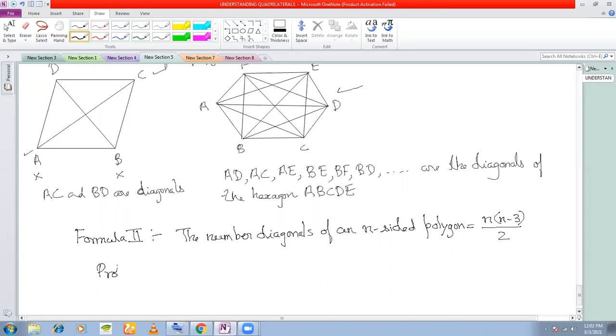Let's do it as a problem: find the number of diagonals of a hexagon, regular or irregular, doesn't matter.